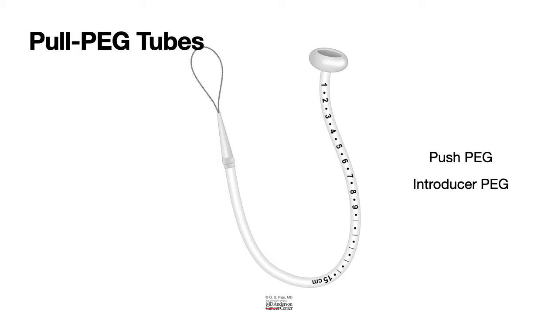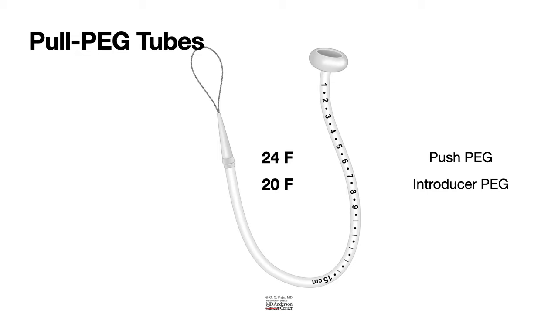Tubes come in different sizes: 24 French, 20 French, and even smaller tubes. So before you set up the PEG tube, you should ask the endoscopist what is his preference: pull PEG, push PEG, introducer PEG, and what size, 24 French or 20 French, so that you pick the right tube that the endoscopist would like to put in.